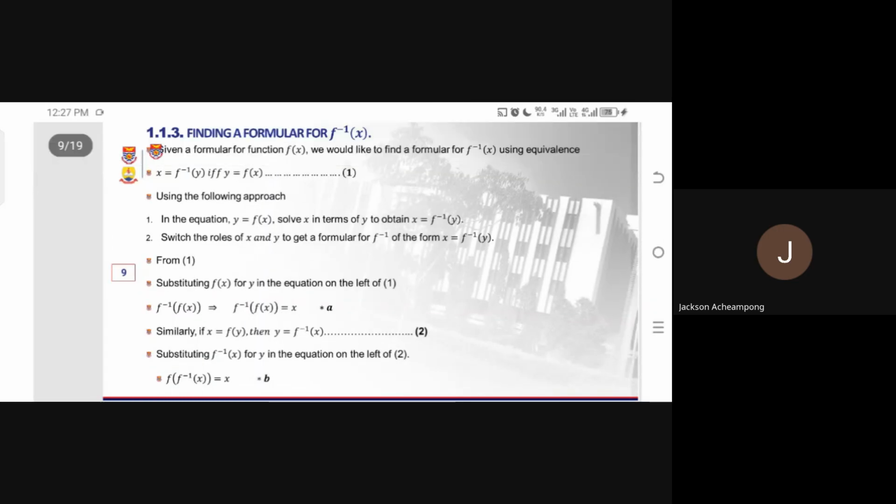So we have y is equal to f of x, and we are going to solve for x in terms of y. It is what we were doing already, but this time they want to put it in steps.